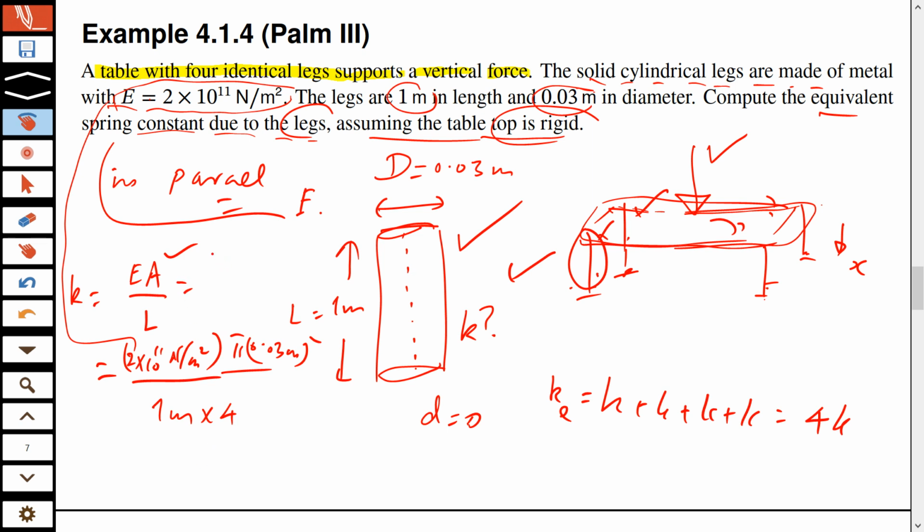So maybe you could have simplified this here, E pi by 4 D squared, and then L. L comes from here. And then you plug these values, so you will have the value of k, and you multiply that value of k by 4, and you will have the equivalent spring constant. So the trick was to identify that they are in parallel.